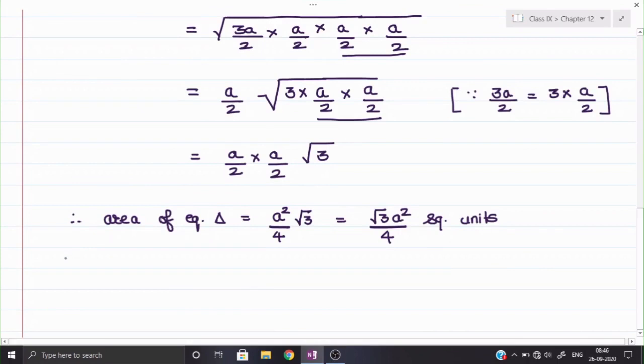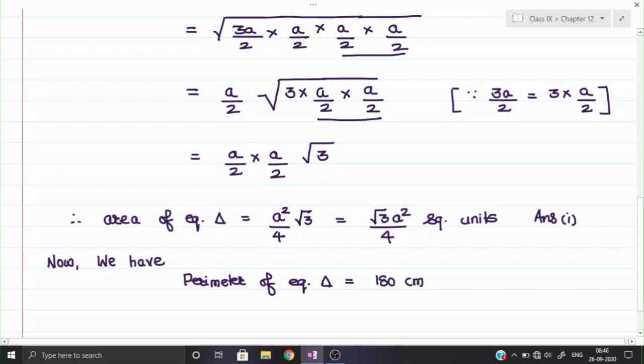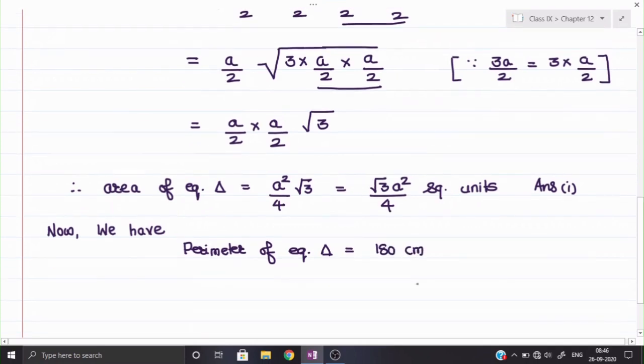So first we shall write down, now we have here, I think we forgot to mention answer first, okay. Now we have perimeter of equilateral triangle is equal to 180 centimeter. Now you should know the perimeter of equilateral triangle.